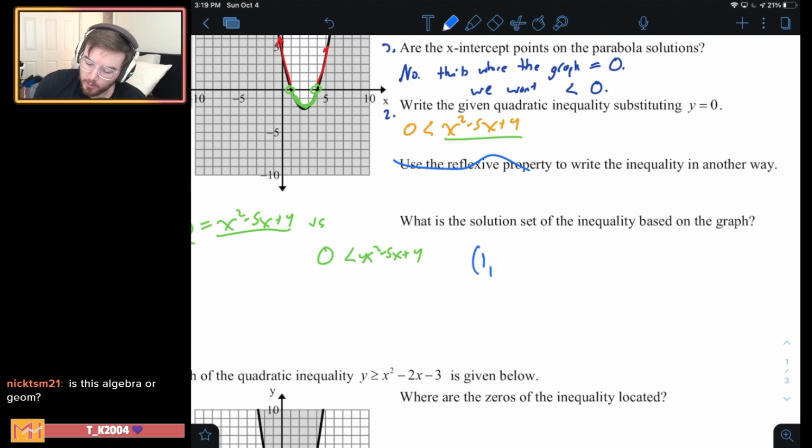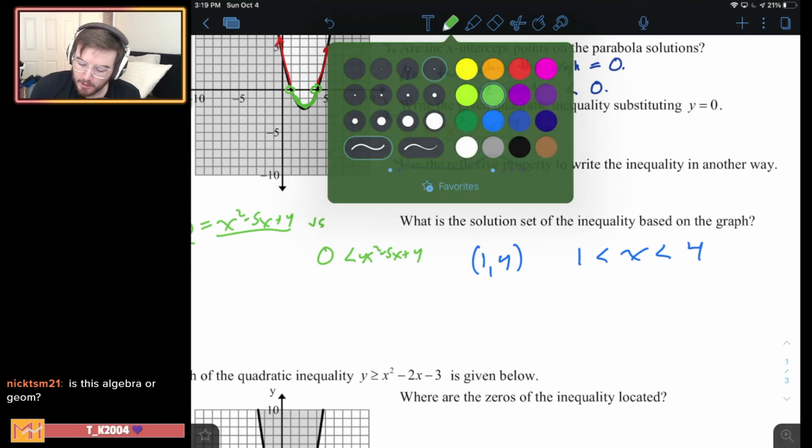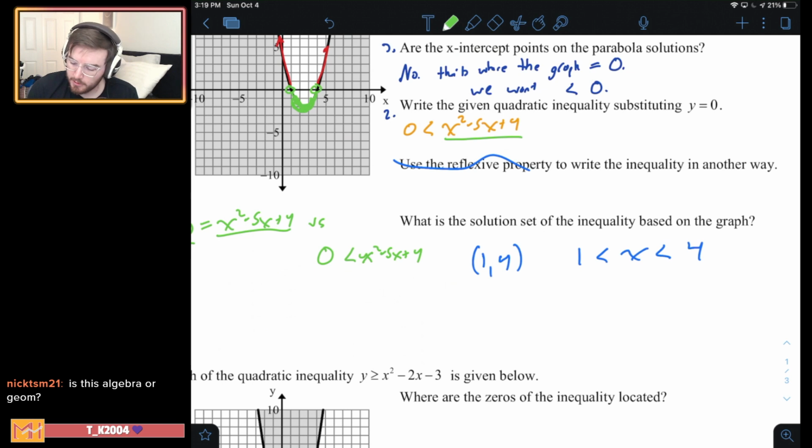So we're not including 1 and we're not including 4. Or you could write it like that. So x is between 1 and 4: this part of the graph between 1 and 4 is our solution.